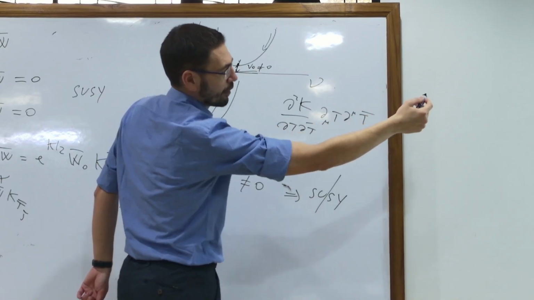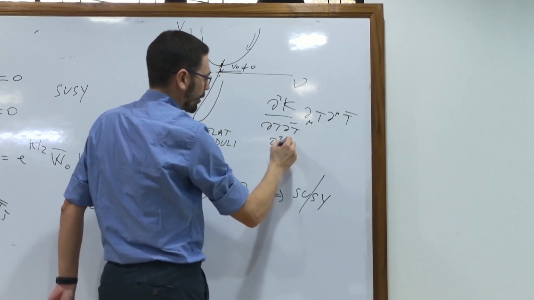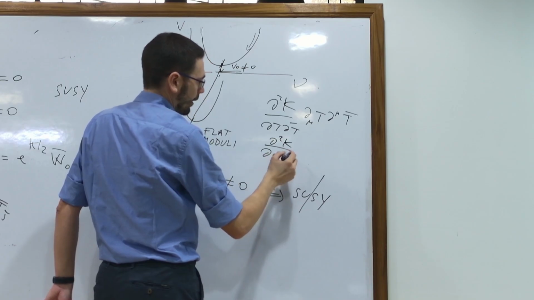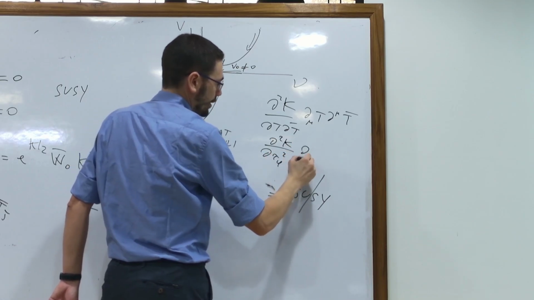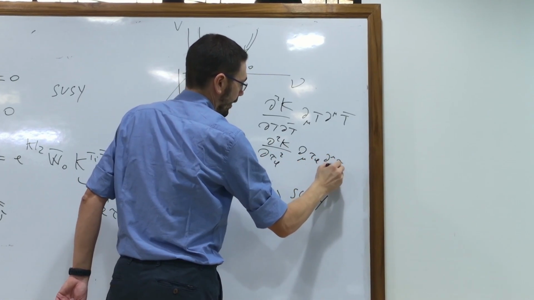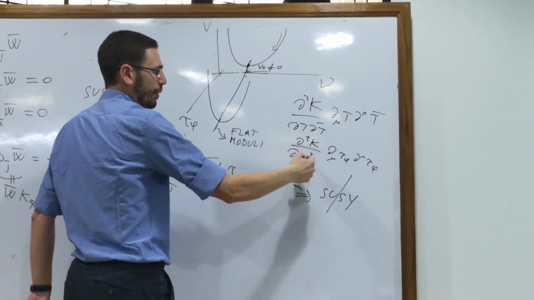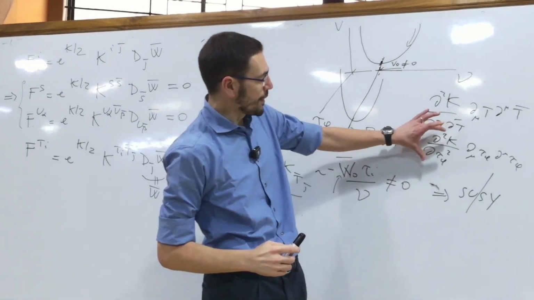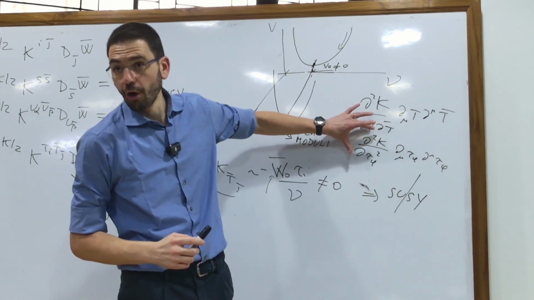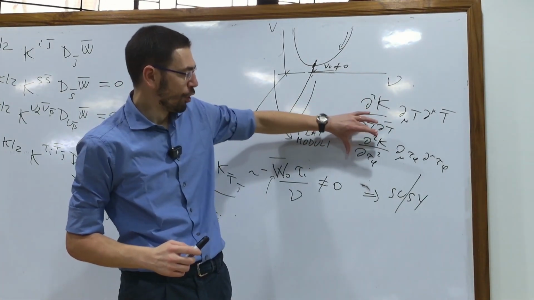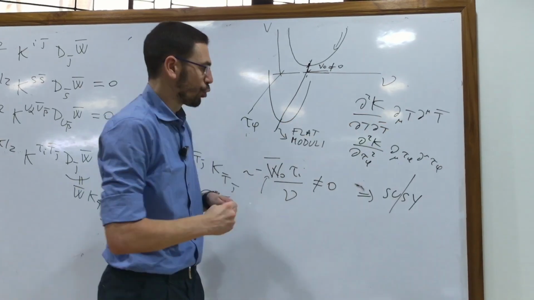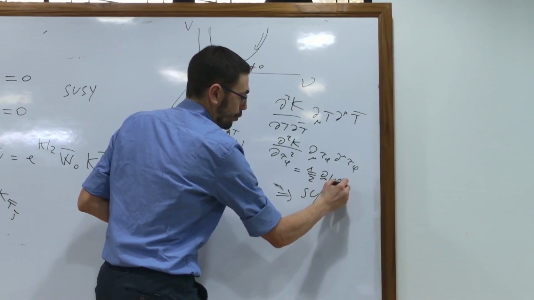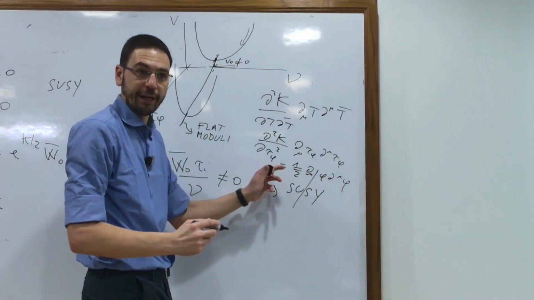So now this is tau phi. So I will get the second derivative of K with respect to tau phi squared, d mu tau phi, d mu tau phi. Here in general it is more complicated, but the scaling is this one. So you see that in general, this is a function of tau phi and the volume. So one has to redefine the fields to go down to something that looks like 1/2 d mu phi squared, right? To get the canonical kinetic terms.